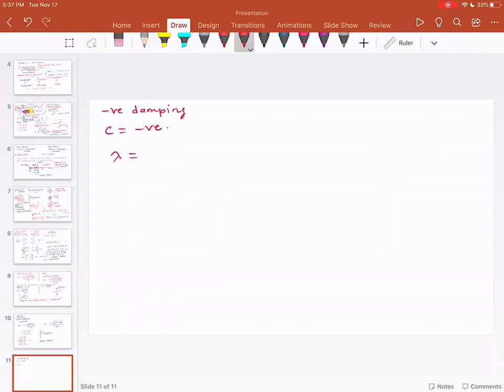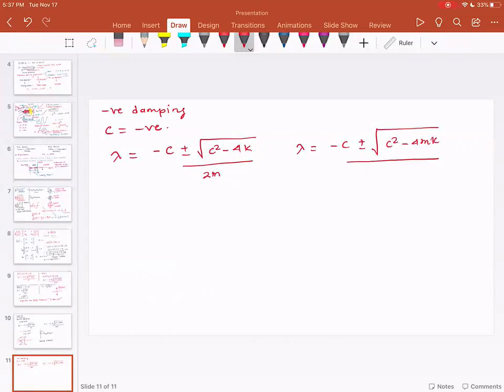Lambda is equal to minus c plus minus square root of c square minus 4k divided by 2, or lambda is equal to minus c plus minus square root of c square minus 4mk divided by 2m, if m is not equal to 1.